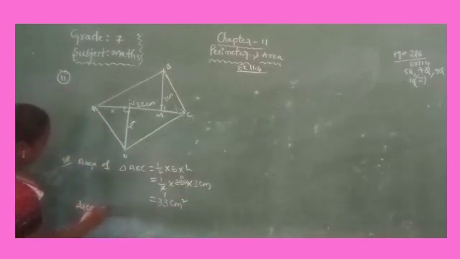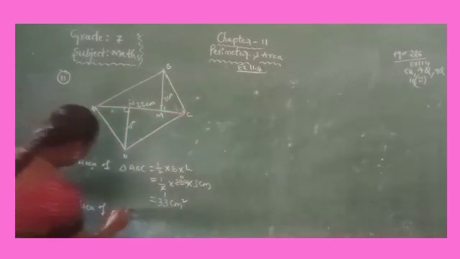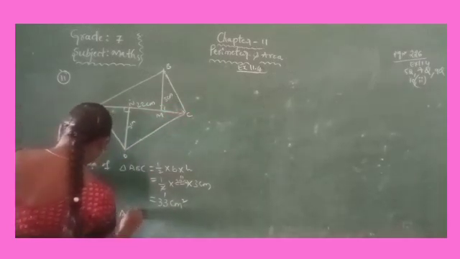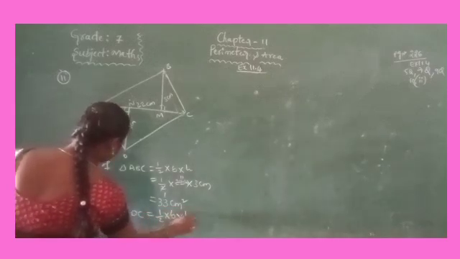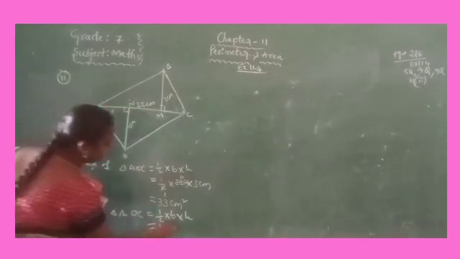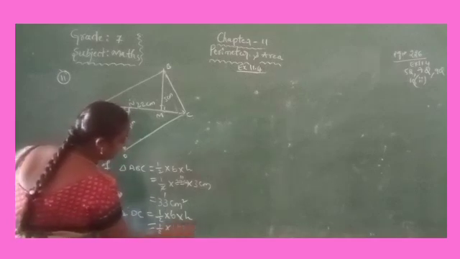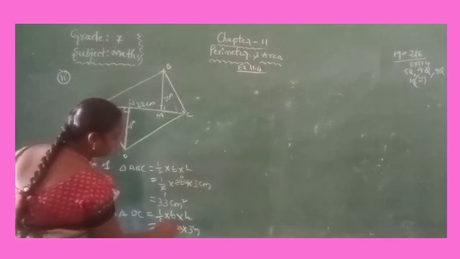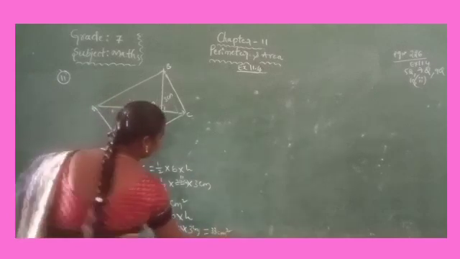Similarly, the area of triangle ADC is half into base into height. So half into base is the same 22, into height 3 centimeters. So 11 threes are 33 centimeter square.